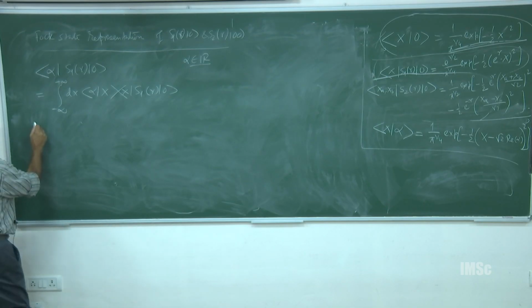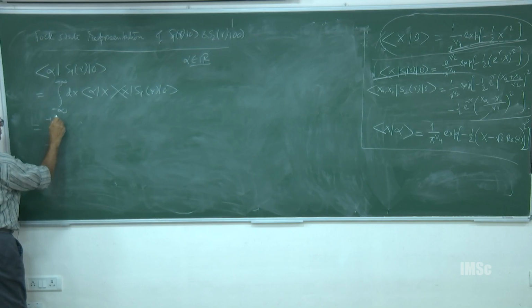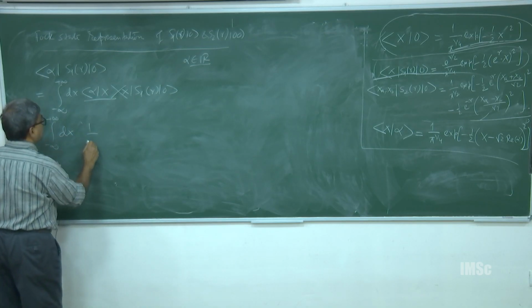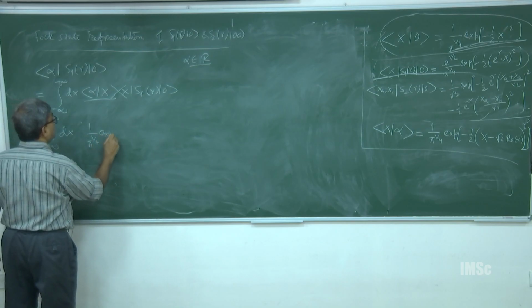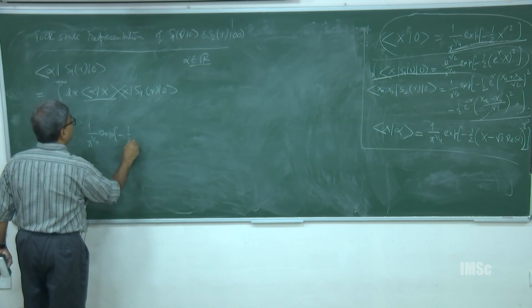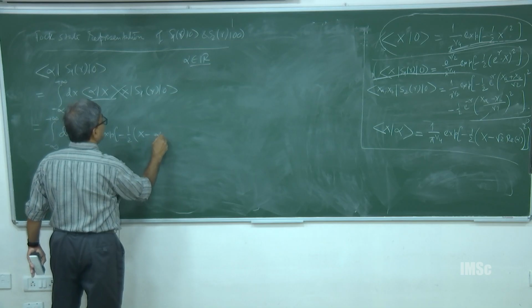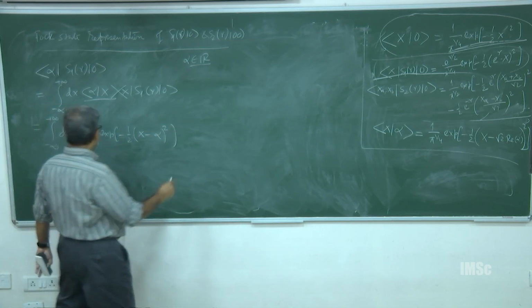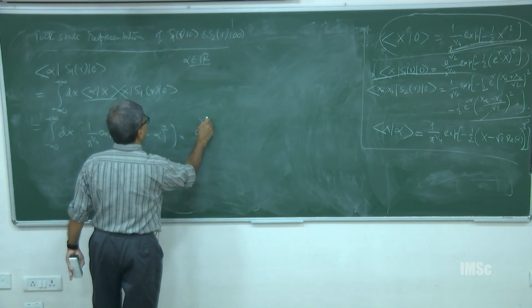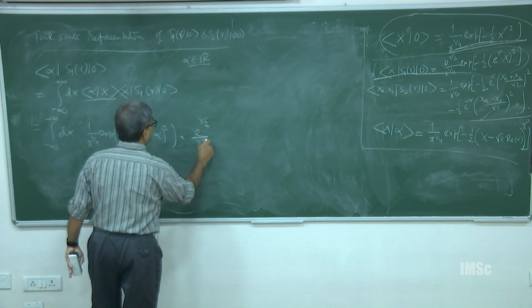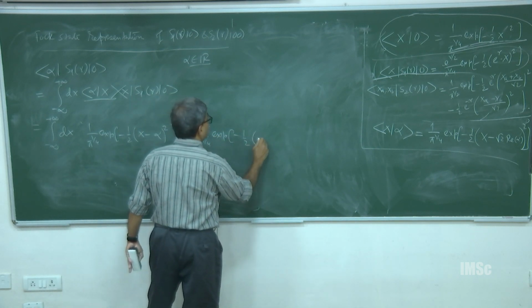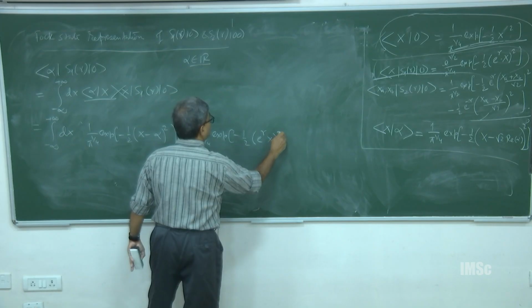And now, what is this? 1 upon pi to the power 1 by 4 exponential of minus half (x minus alpha) whole square, because alpha is real. What is this? This is e to the power r by 2 over pi to the power 1/4 exponential of minus half (e to the power r x) whole square.